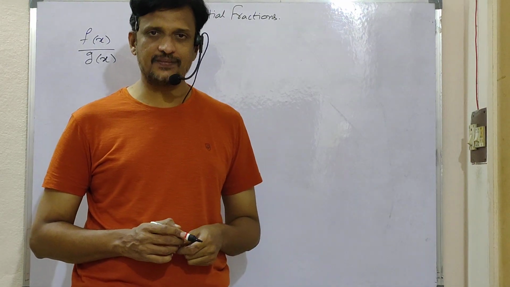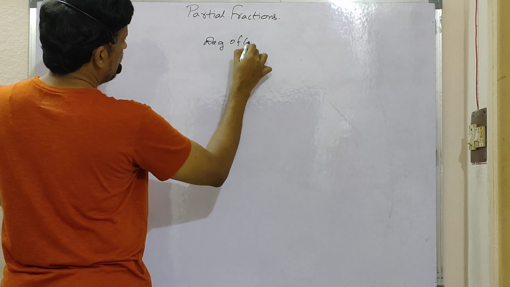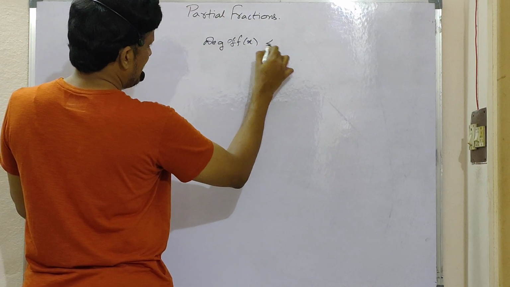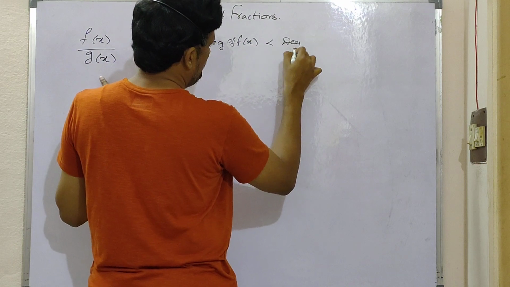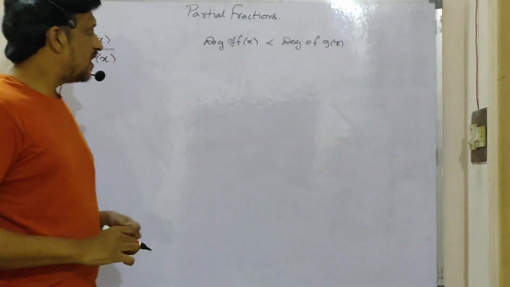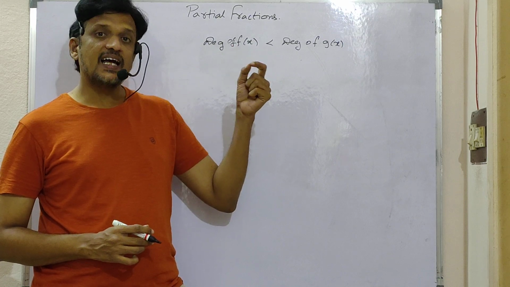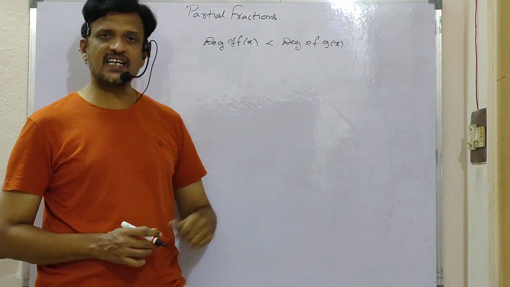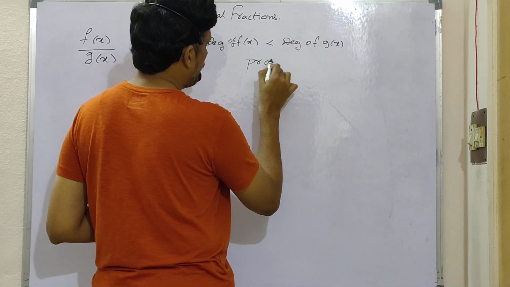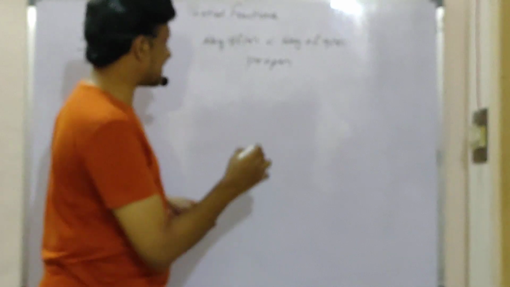If the degree of f of x is less than the degree of g of x, meaning the highest power of x in the numerator is less than the highest power of x in the denominator, then that is called a proper fraction. Otherwise, it is an improper fraction.